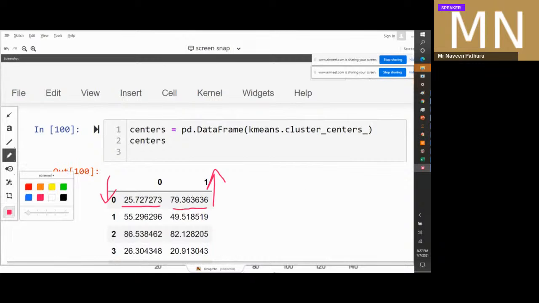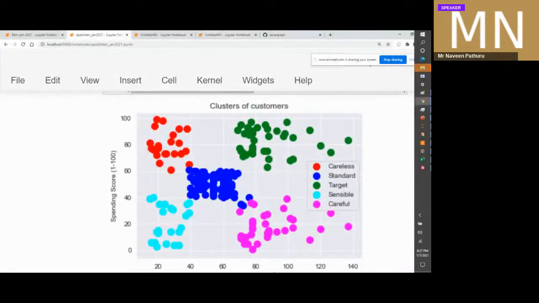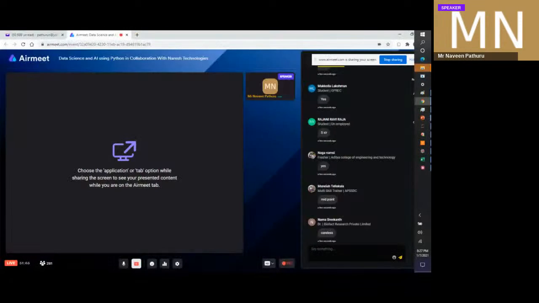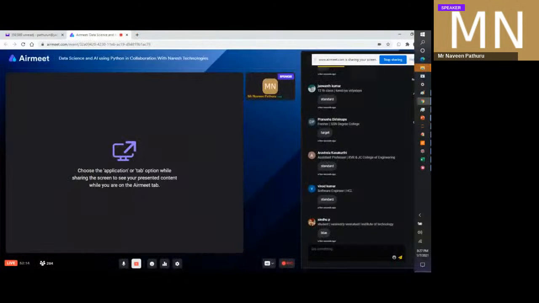Next, come to the next one. Their income is 55, and the spending is close to 50. In other words, they're somewhere in the average range. They are the standard. What is special about them?